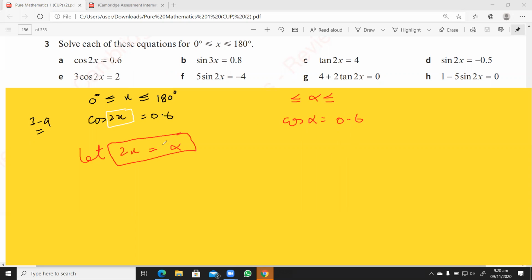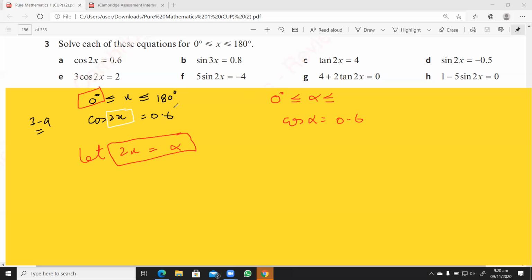Now, I put into this relation the lower limit of x. What is the lower limit of x? It is 0. So alpha's lower limit is going to be 0, right children?